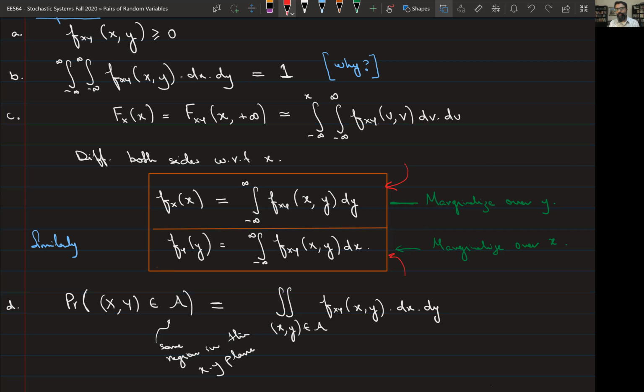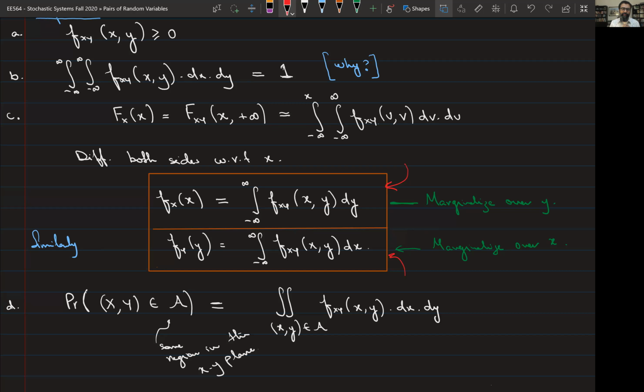One of the things I would like to mention here is that all of these properties are also applicable to PMFs, the probability mass functions. You're welcome to look at the textbook. I will not discuss them in detail here, but the ideas are exactly similar. For a PMF, you would replace the integral with a summation.